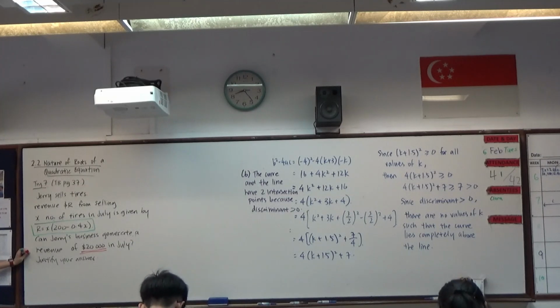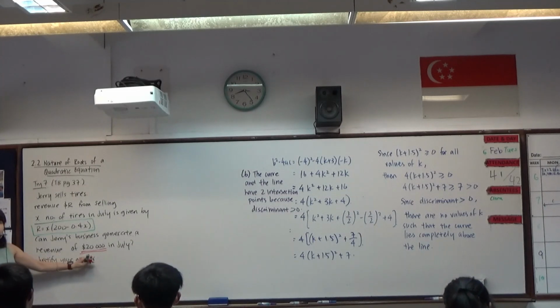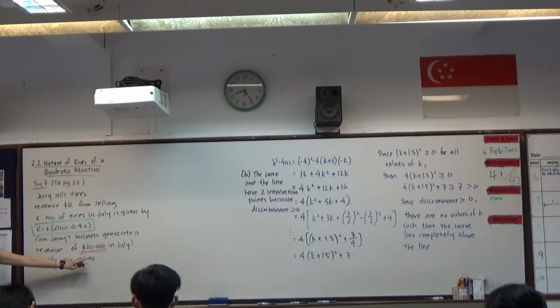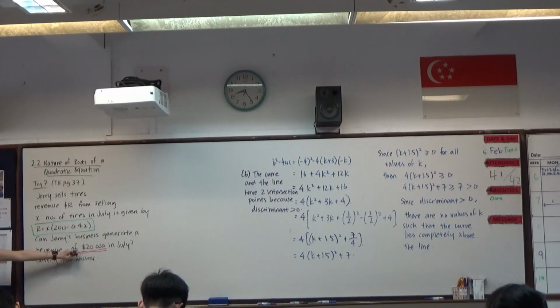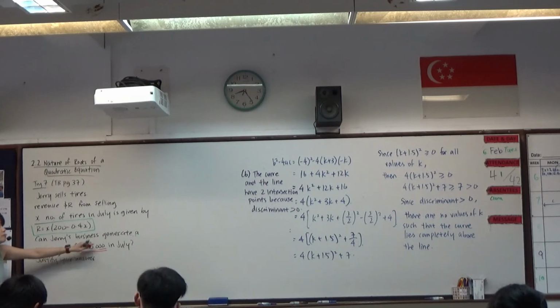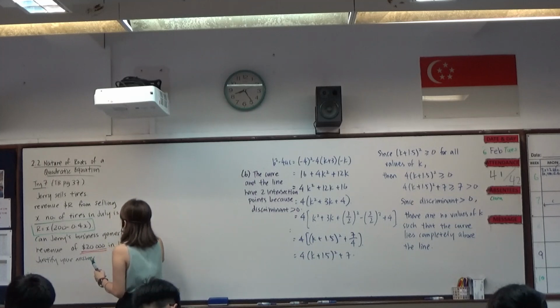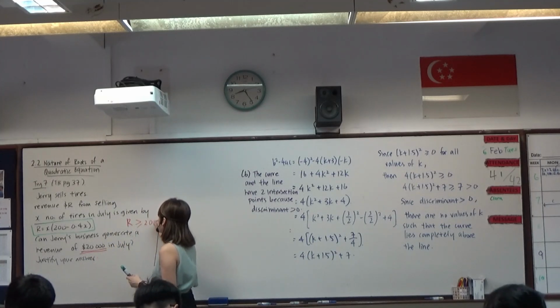In order to generate a revenue of $20,000, this expression over here will have to equal 20,000. Is that the only possibility? It can also be more than 20,000, right? Because if you are able to generate something more than this, it also means you are able to generate it. So we are looking at whether your R is more than or equal to $20,000 or not.